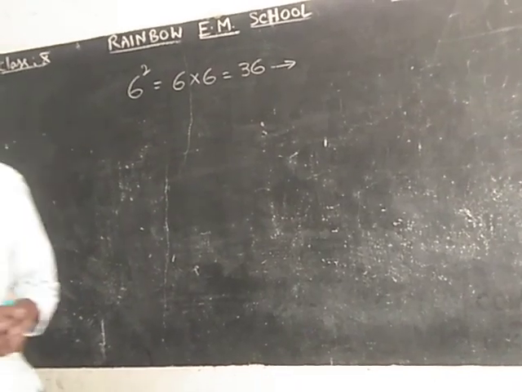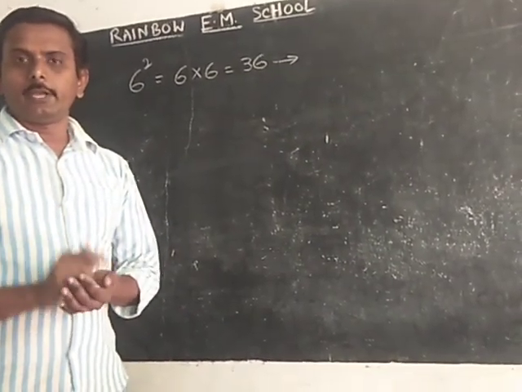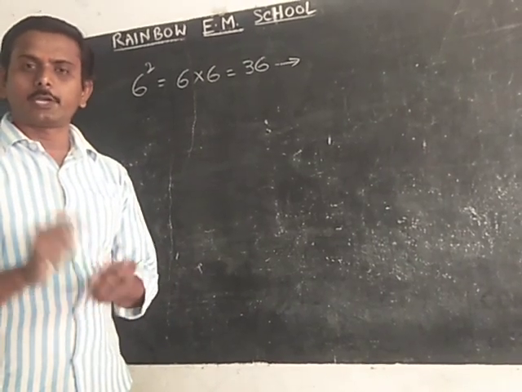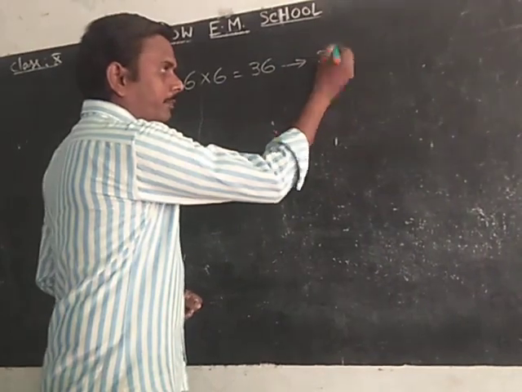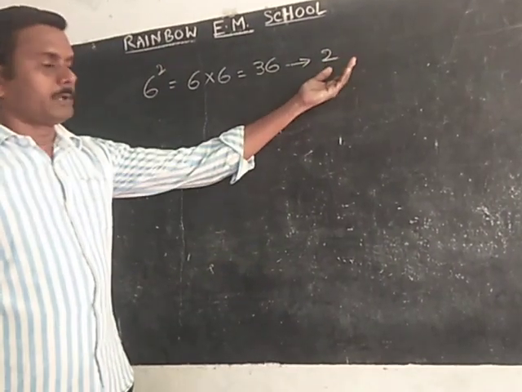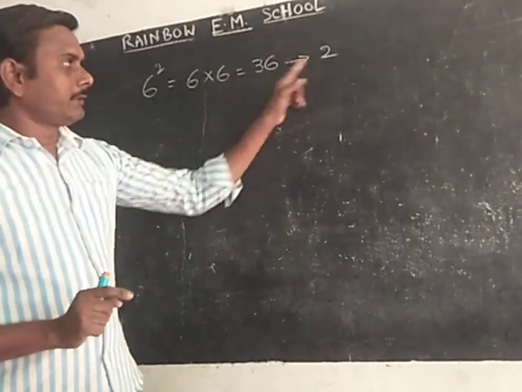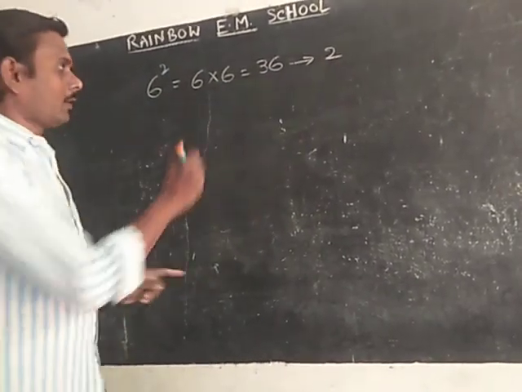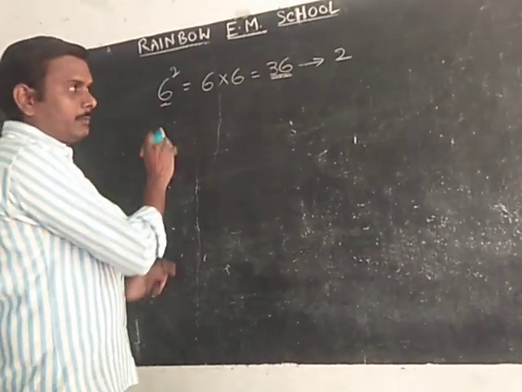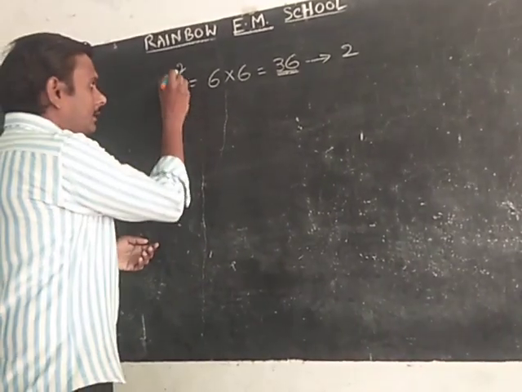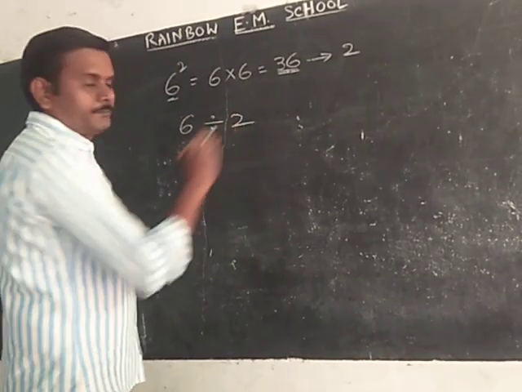A number which is divisible only by 1 and itself we call a prime number. 36 is divisible by 2, prime number 2. Prime number 3 also will divide, but I took only one prime number here. Now 36 is the result for which number? 6 square. Then what is the number here? 6. 6 is also divisible by 2.